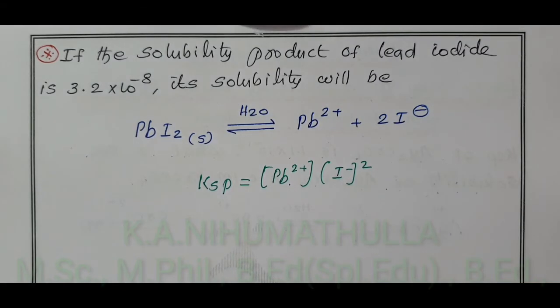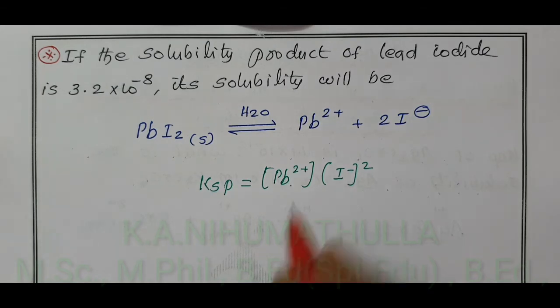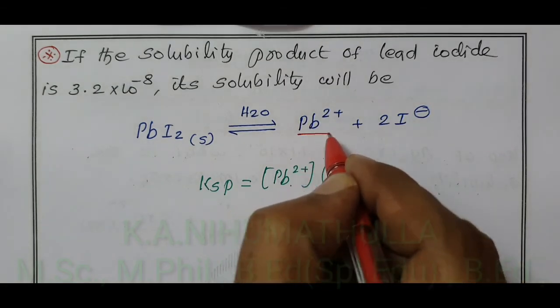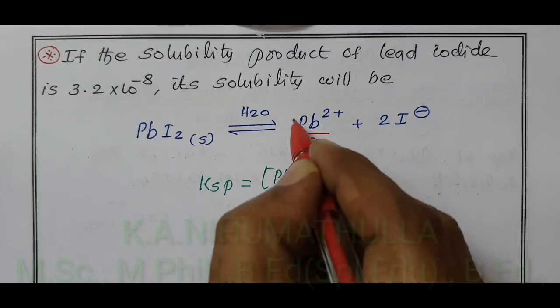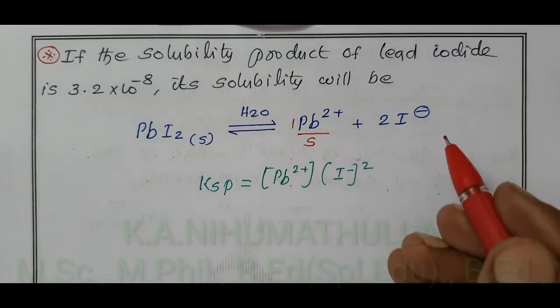K solubility product is given in our problem. The right hand side quantity we can determine from the equation. Pb2 plus ion concentration, molar solubility, is taken as S because before Pb2 plus only one number of moles.